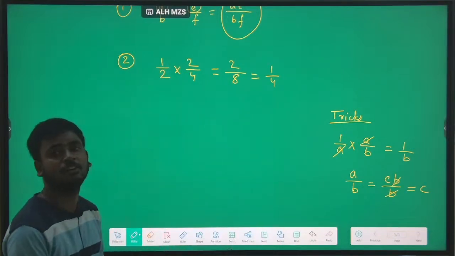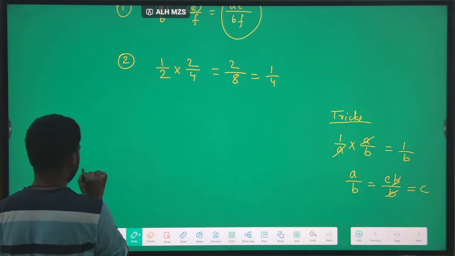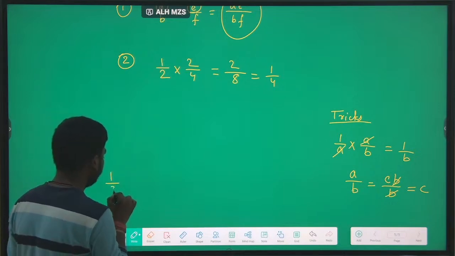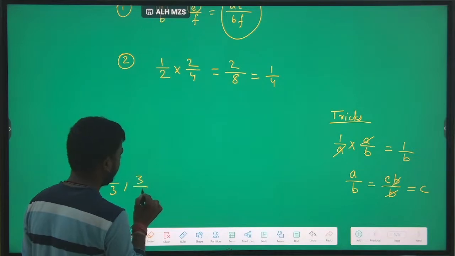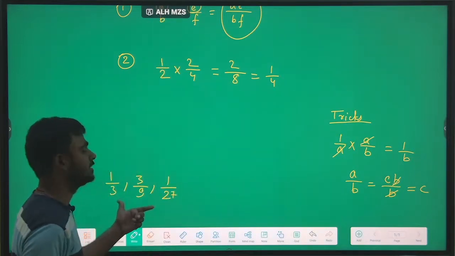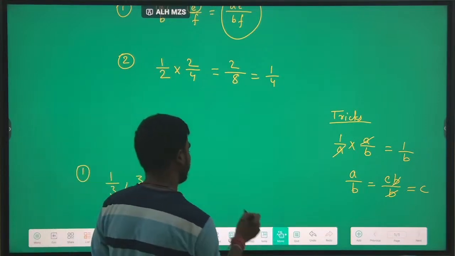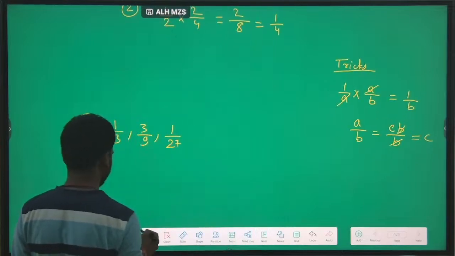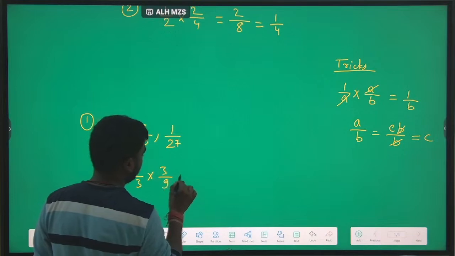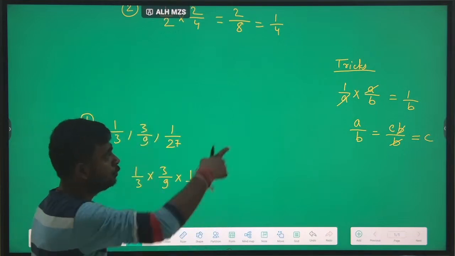So, let us start with our first question. Let us suppose that we have been asked to multiply three fractions. The first one is 1 by 3, the second one is 3 upon 9, the third one is 1 upon 27, and we are asked to multiply these three fractions. So, we will get 1 by 3 into 3 by 9 into 1 by 27. What can we do? We can divide by using this trick.